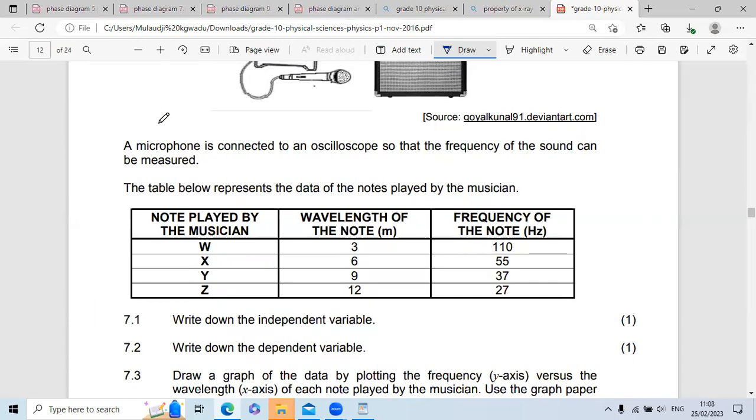Below, the table represents the data of the notes being played. You can see that each note has a different wavelength and a different frequency.